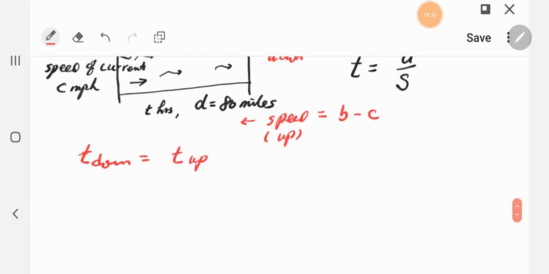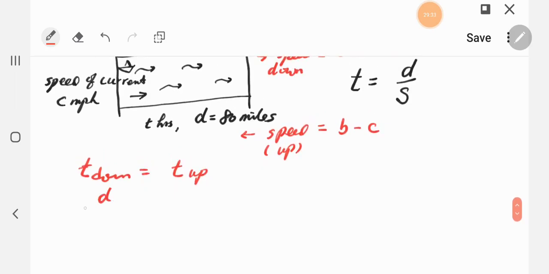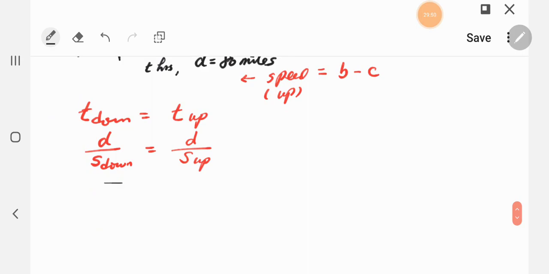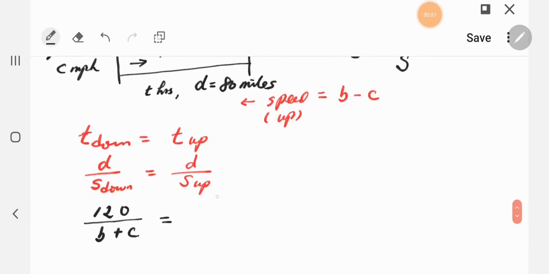Time for downstream is the distance over the speed for downstream, and for upstream, the distance over the speed of upstream. When you go downstream, the distance is 120 miles and the speed is the sum of the boat speed and the current. When you go up, the distance is 80 miles, and the speed will be B minus C.